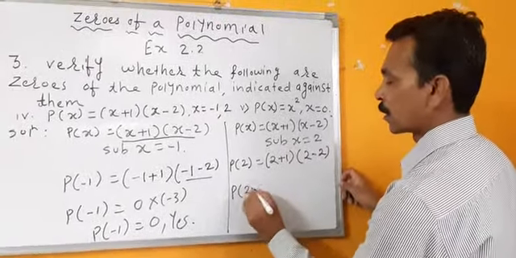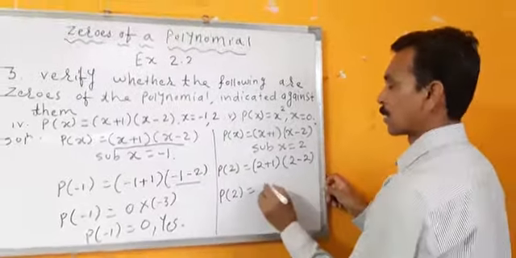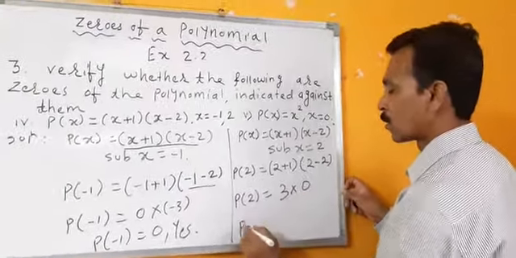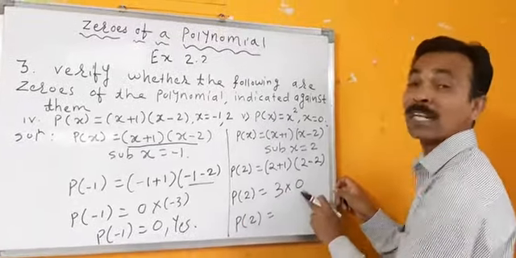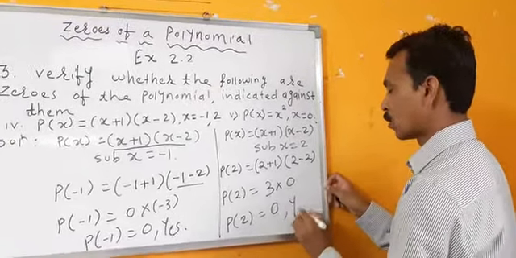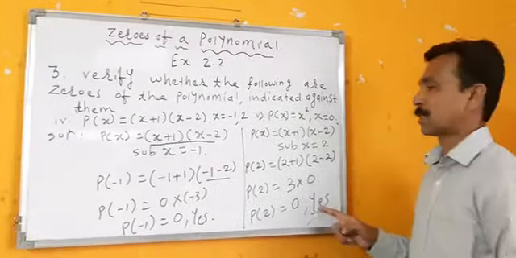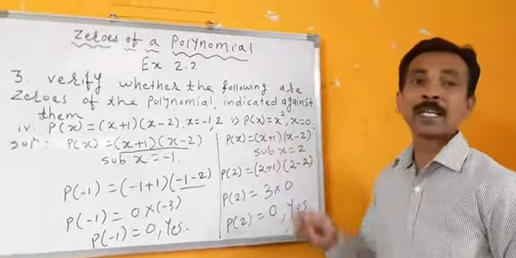So P of 2 is equal to 2 plus 1, 3, into 2 minus 2, which is 0. So P of 2 is equal to 3 into 0, which is 0. What is the answer? Yes. Clear? Now I will solve the fifth sum.